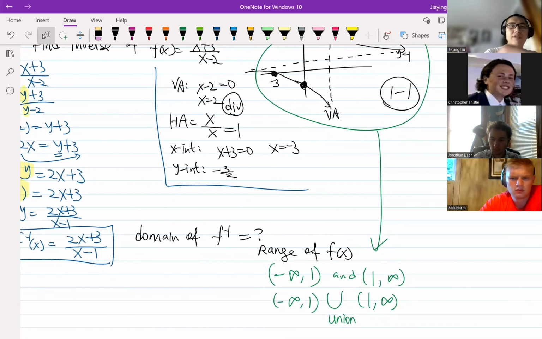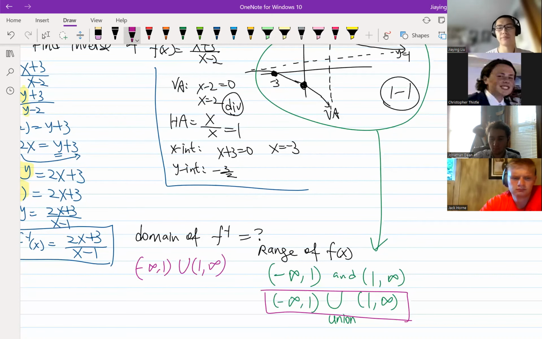Well, what's the domain of the inverse function? It's exactly the same. Negative infinity to 1, union 1 to infinity. Any questions about this problem?